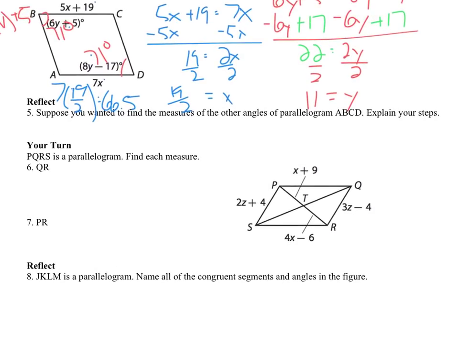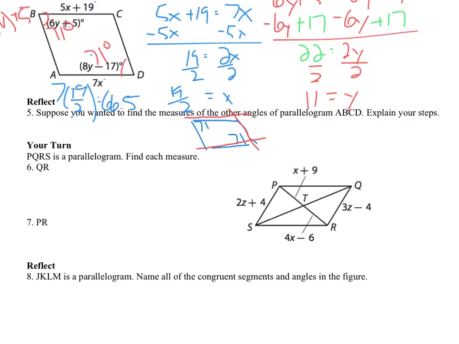All right, so 5, suppose you wanted to find the measures of other angles of the parallelogram ABCD, explain your steps. So go and take a minute and figure this out. And so what we have is our parallelogram. I know that angle is 71 and that angle is 71. But since it is a parallelogram, we know that side is parallel to that side.